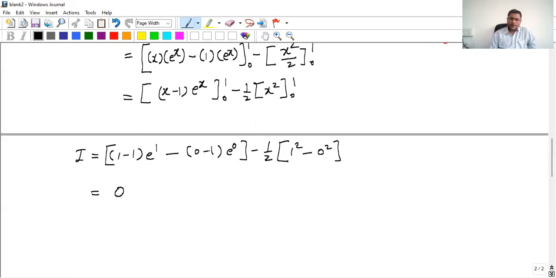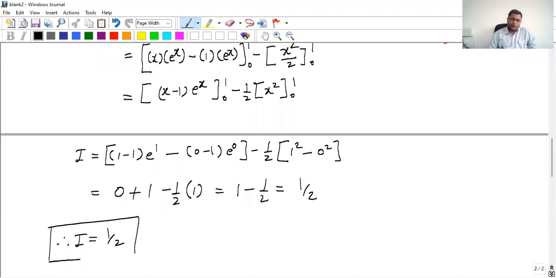This minus and this minus will become plus, and we have e raised to 0 is 1. Now here, this is going to be minus half, and 1 square is 1, minus 0 square is 0. So we got 1 minus 1 half, and that is going to be half. So we got I is equal to half.